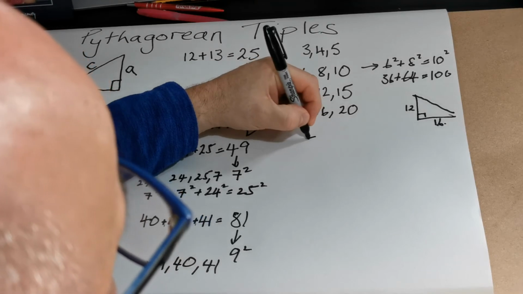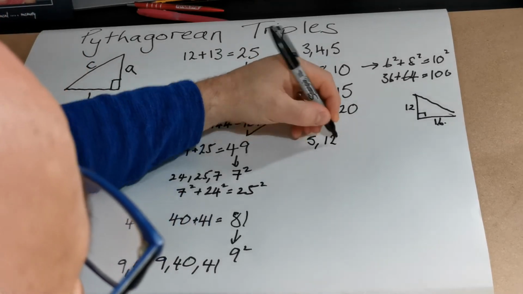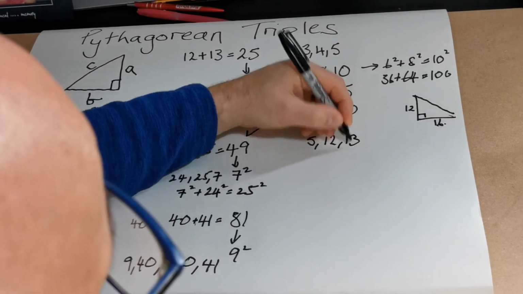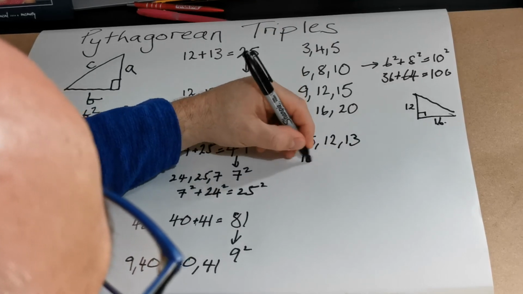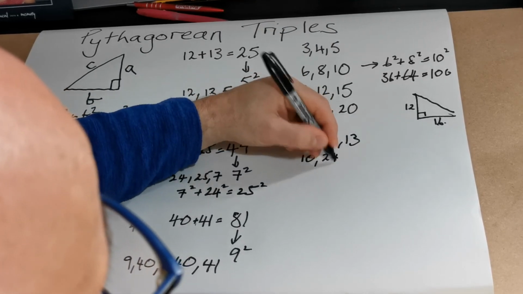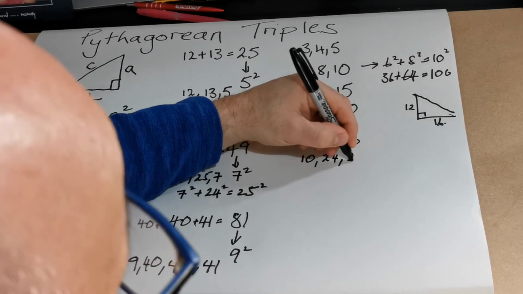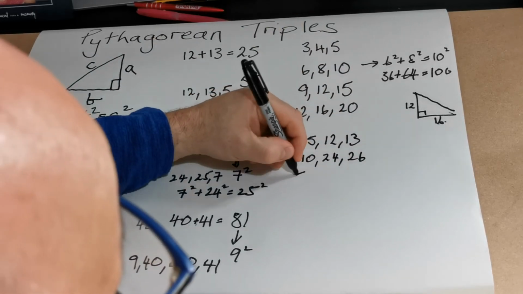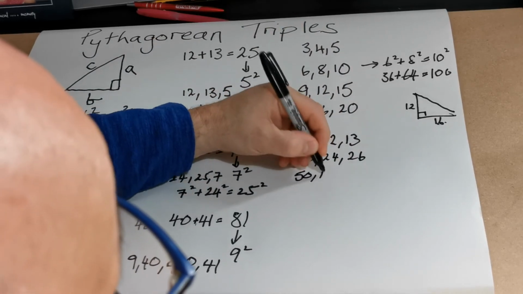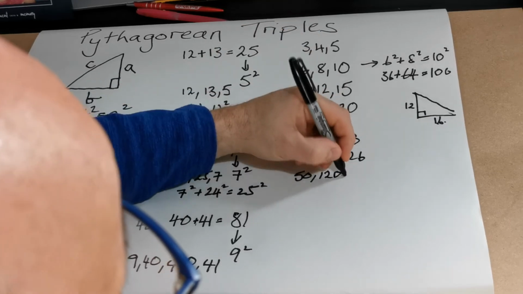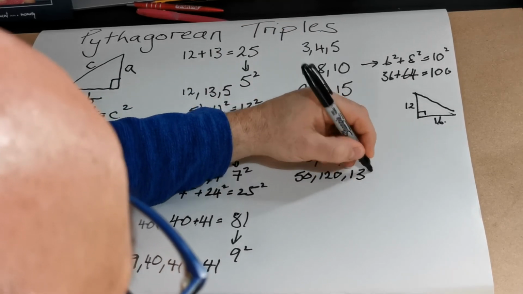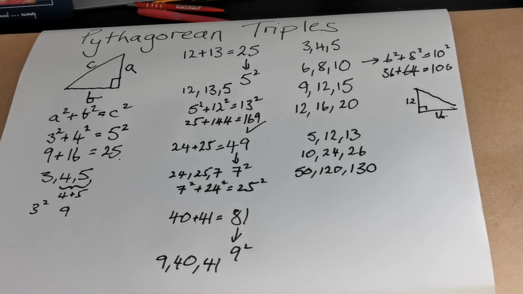So if we look at the 5, 12, 13 triple, you could have 10, 24, 26. You could even have 50, 120 and 130. That is a Pythagorean triple.